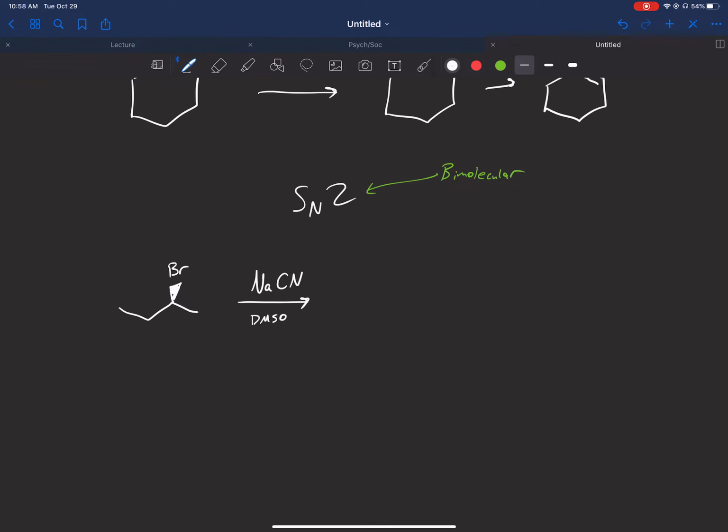Now you have to understand, Na, or anything really in the first column of the periodic table, the first group, will dissociate to a charge of +1. You get a plus here. That means that this had to have been a minus charge. And remember, sodium doesn't really do anything, so we can just ignore the sodium and focus exclusively on this CN minus. That's what's really happening here.